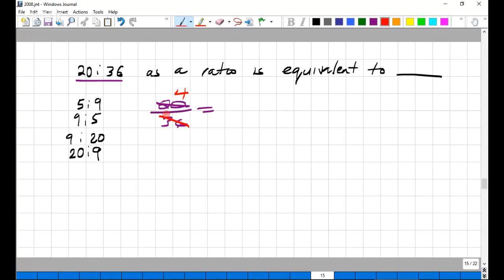Sir, you put the wrong one. We're using the wrong one. It would be 4. 4 into 20 would go 5 times, and 4 into 36 would go 9 times. We get 5 over 9, and we're going to change this fraction now back to a ratio by saying that it is what? 5 to 9. All right.